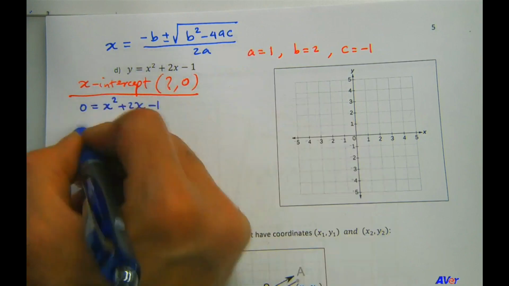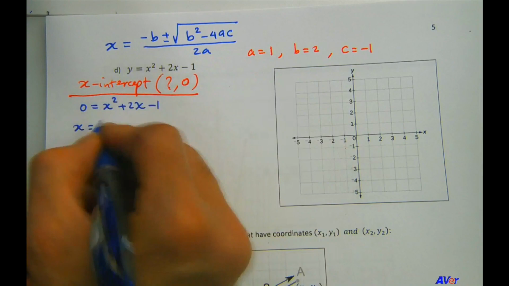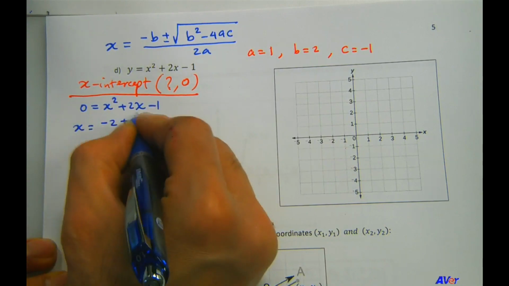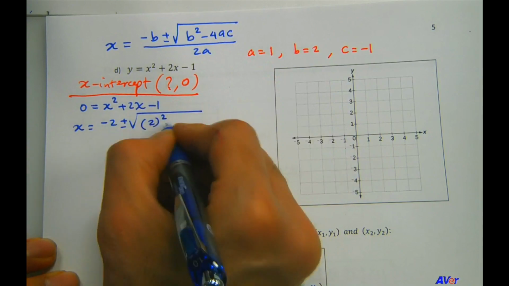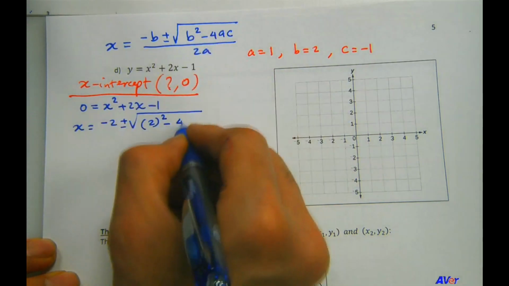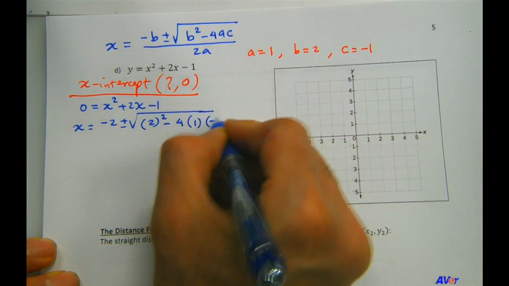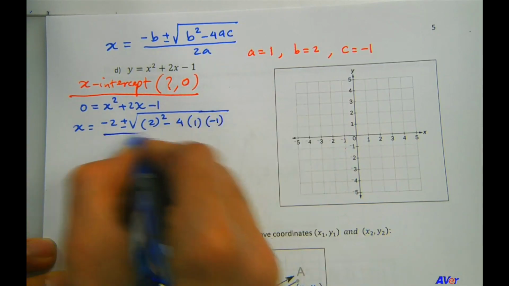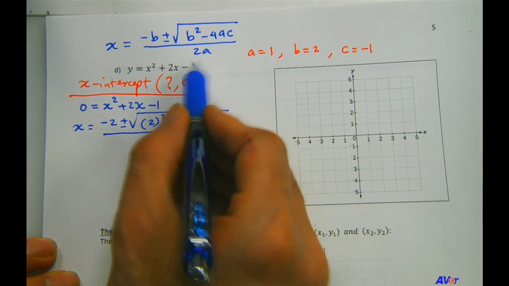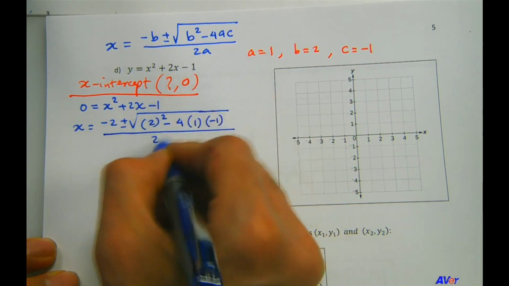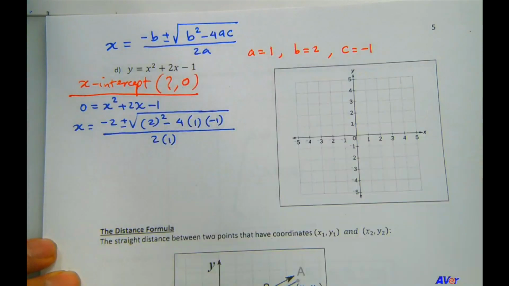So let's plug these values into the formula and see what the x-intercepts are. We have x equals minus b, which is minus 2, plus or minus the square root of b squared, which is 2 squared, minus 4 times a times c, which is -1, all of that over 2a, which is 2 times 1. I just plugged these values into the formula.